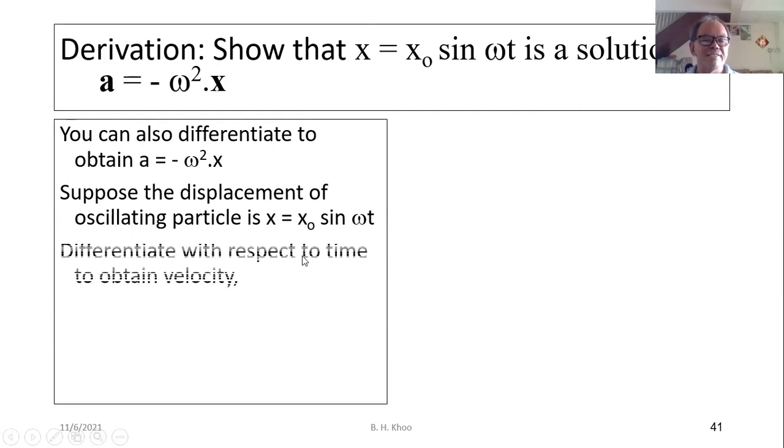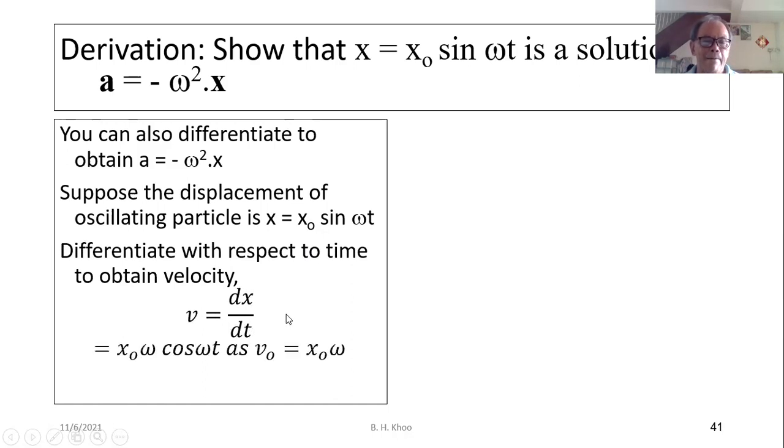Then we differentiate it with respect to time to get your velocity, dx/dt. So that's your x naught. Differentiate omega t becomes omega. Differentiate sine omega t becomes cos omega t. Then x naught omega, we call it v naught. This is a maximum value like your circular motion. In circular motion, we use radius. So this is amplitude, that's all.